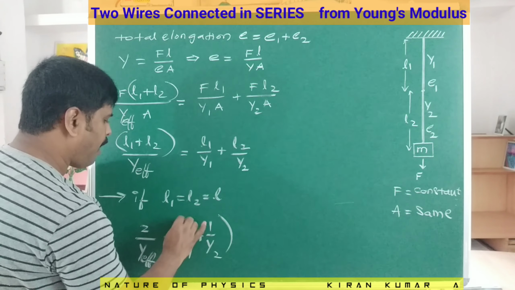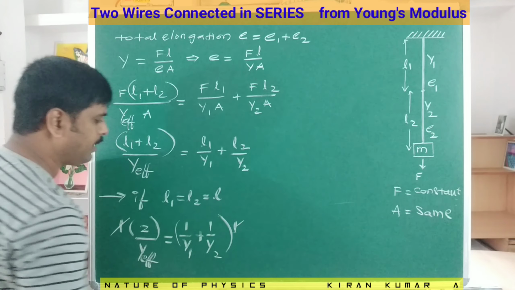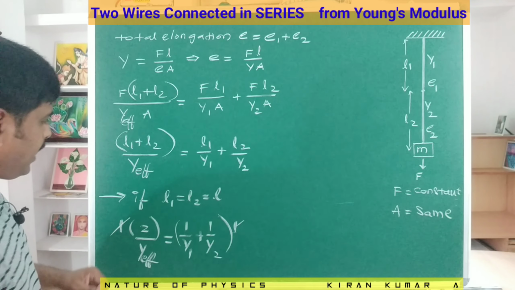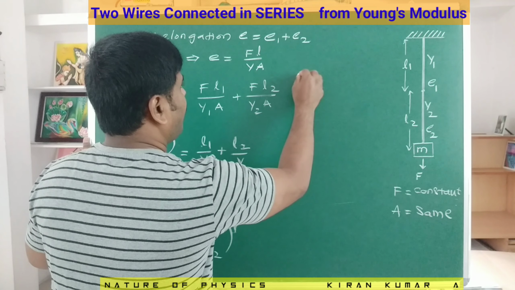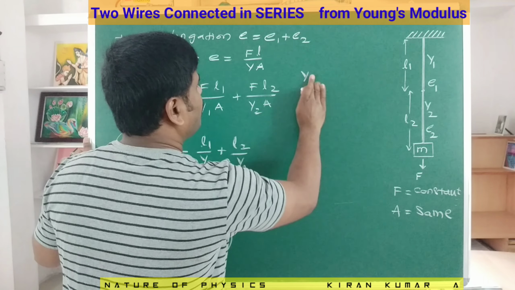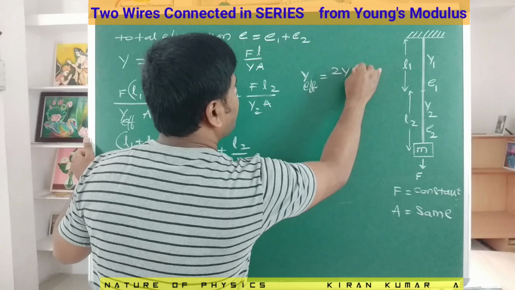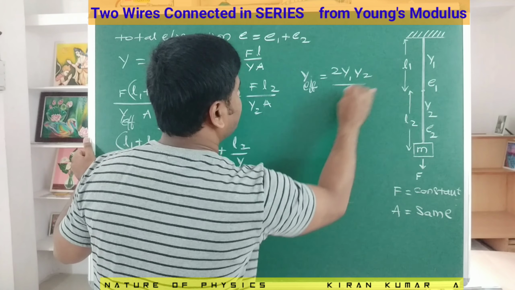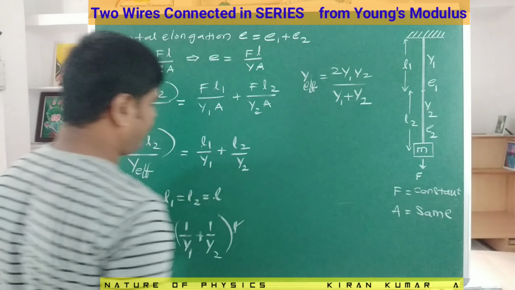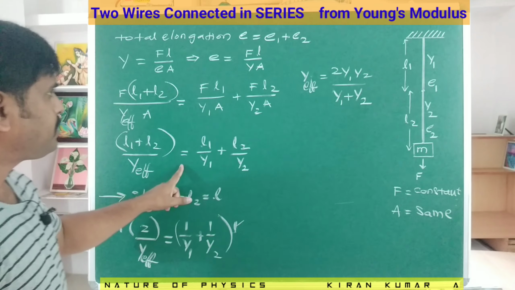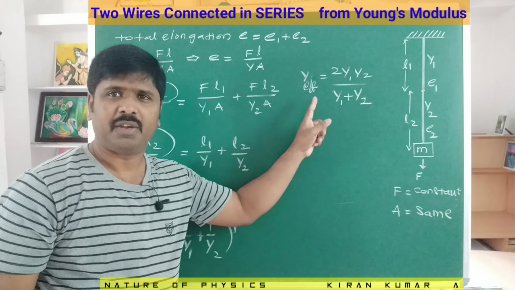L is common and cancels. We got this equation. Rearranging, Y effective is equal to 2Y1Y2 divided by Y1 plus Y2. So this is the first equation if the lengths are equal, and this is the second equation.